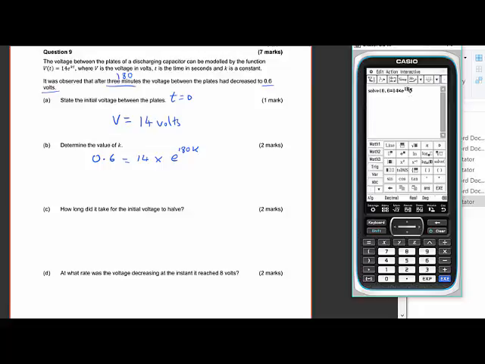It just says 18, so you need to be careful. Always watch what you're typing in. So let's solve that. Then we get k is equal to negative 0.0175.